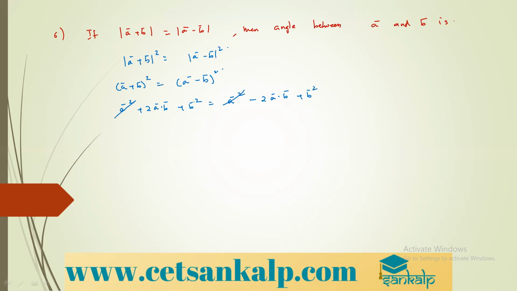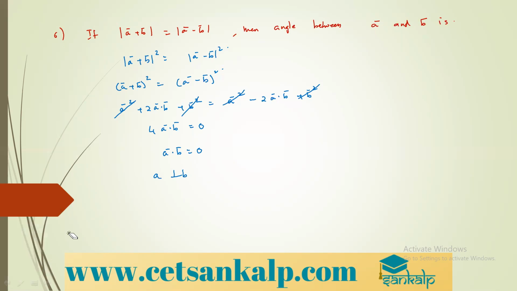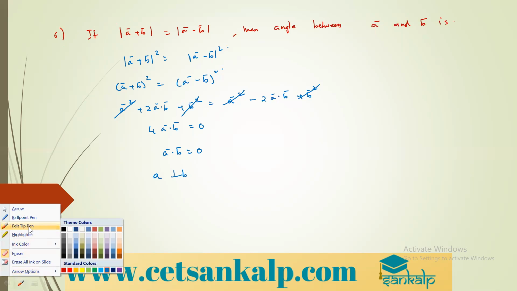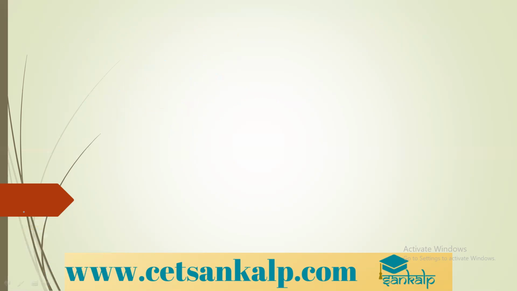You can cancel A square, you can cancel B square. 4 times A dot B equal to 0, or A dot B equal to 0. That means A and B are perpendicular to each other. So you can say angle between A and B is 90 degrees, which they are asking for.